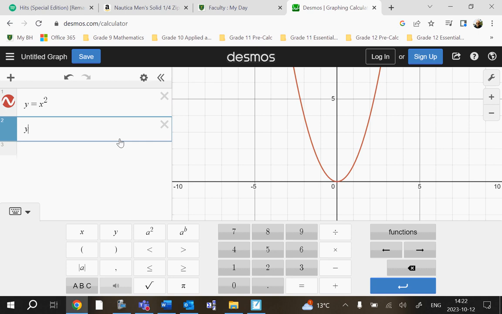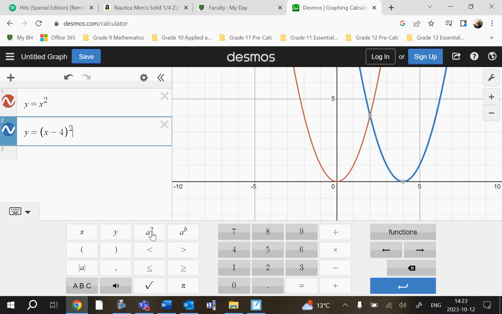Y equals, open parentheses, x subtract, somebody give me a number. 4. Close, squared. What happened? To the left or right? To the right. So it moved 4 units to the right.